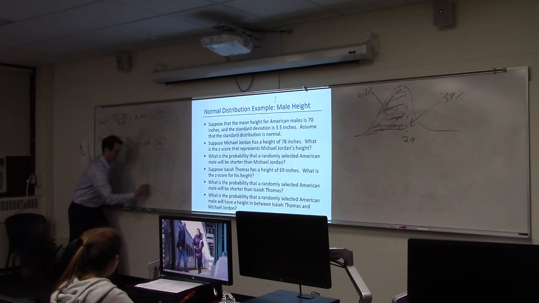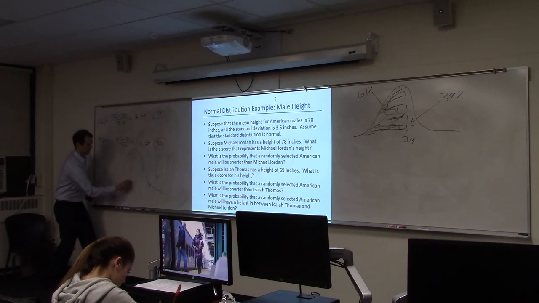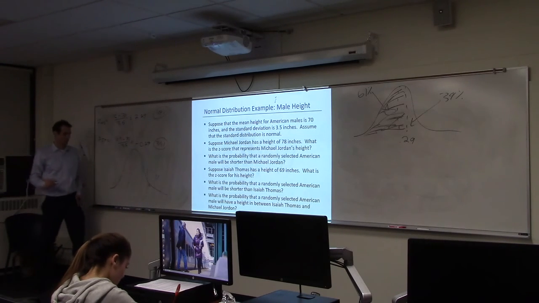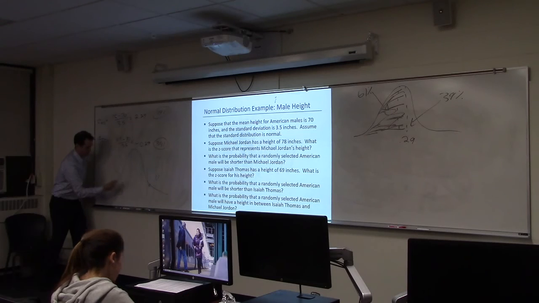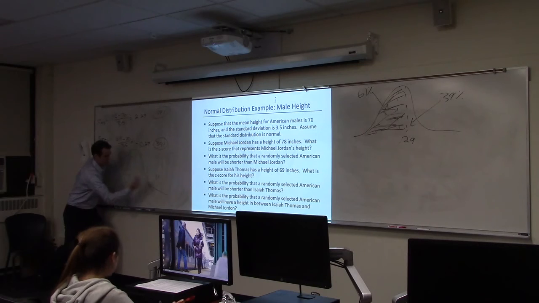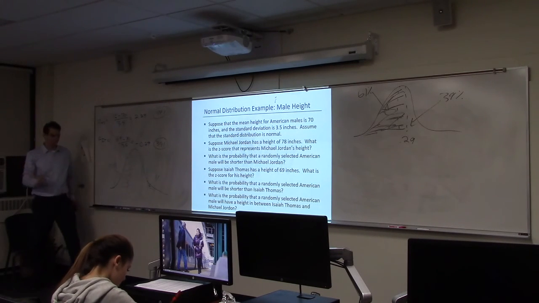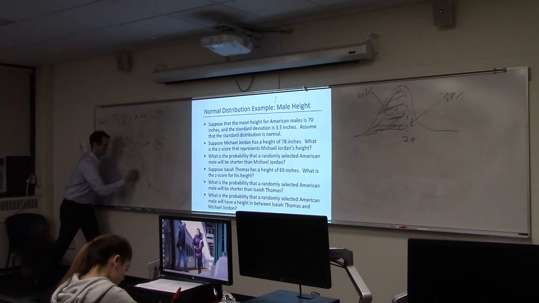This is 1%. What's the probability of a randomly selected male being shorter than Isaiah Thomas? 39%. So this part is 39%. This part is 1%. What's the part in the middle? 60. Fantastic.